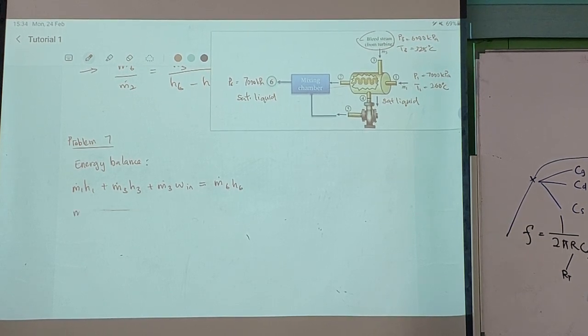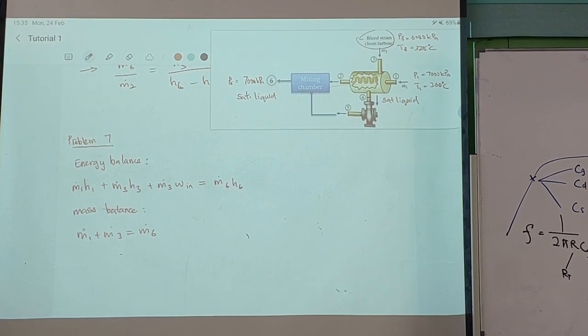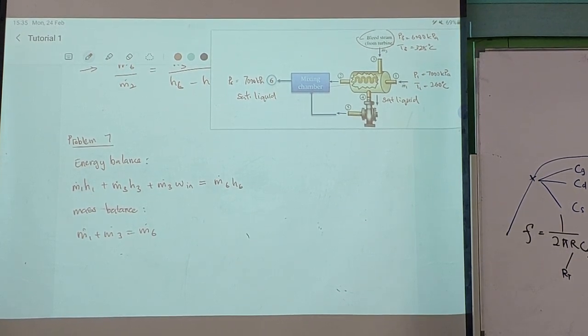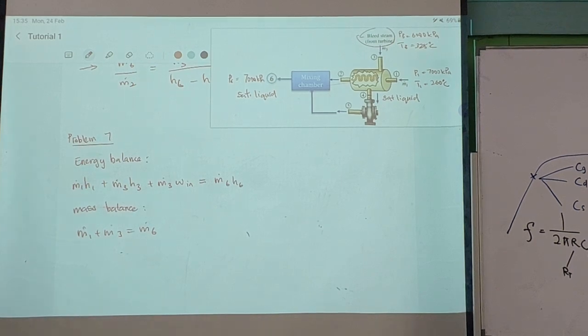Then again we know the mass balance: m dot 1 plus m dot 3 is m dot 6. So everyone's clear, right? For the pump work, it is also m dot 3, because pretty much what happened here is this.